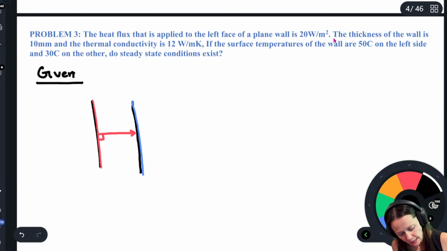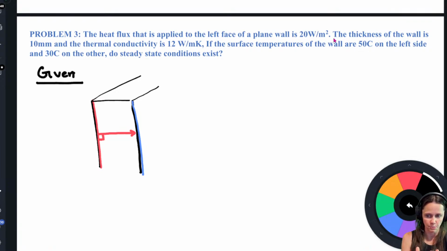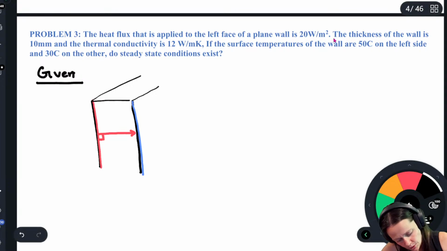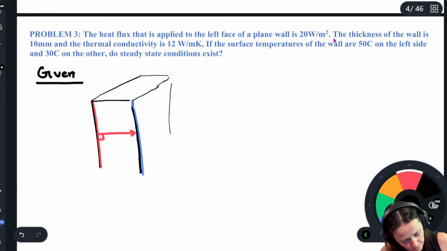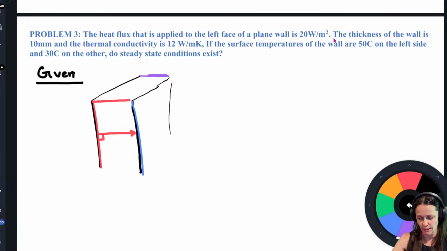If I was looking at the case where maybe the thickness is not so small compared to the other dimension, maybe in the Z direction or the Y direction, let's say there's an isotherm and there's another isotherm, then you'd have heat transfer in multiple dimensions.